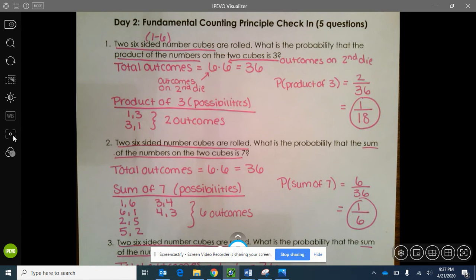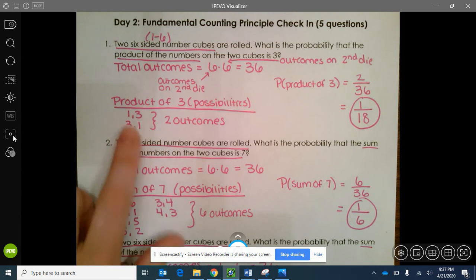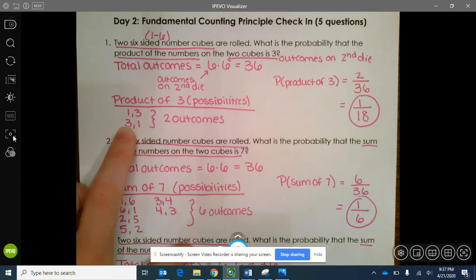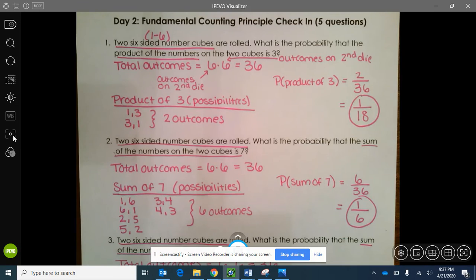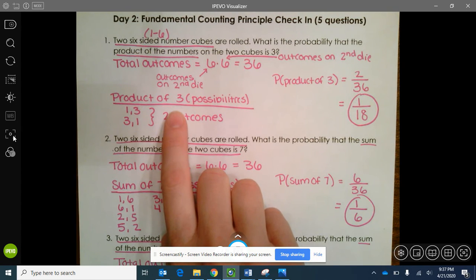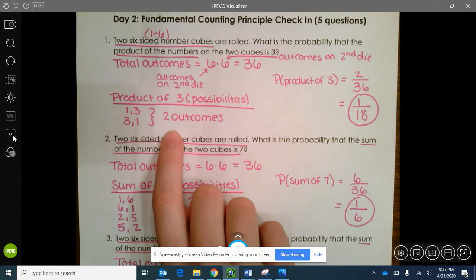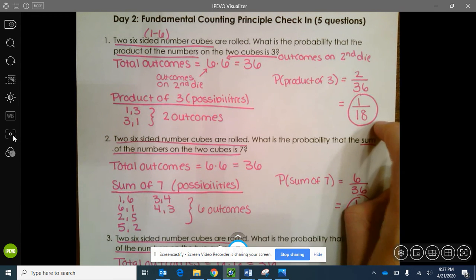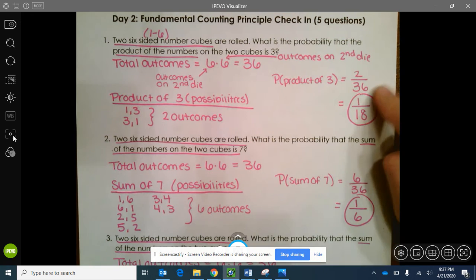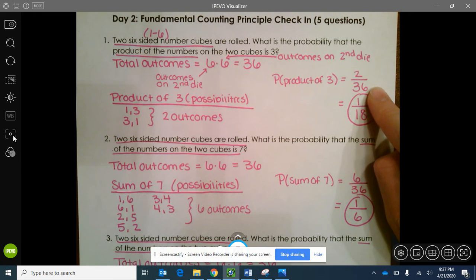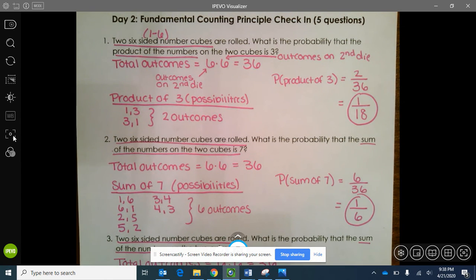So that gives you the product of 3 that we're looking for. You could also have 3 on the first die and 1 on the second die. Same thing, 3 times 1 is 3. So that gives you a product of 3. So we have 2 outcomes that will give us a product of 3. So to calculate my probability, I'm going to do my favorable outcomes, which is 2, over my total number of outcomes, which is 36. Simplify that fraction, you get 1/18.